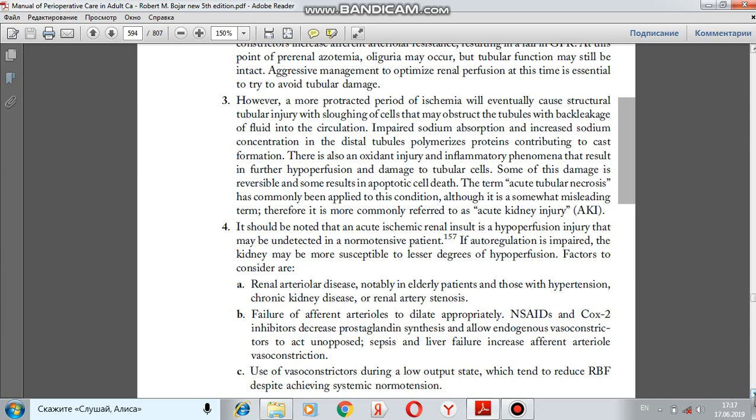There is also an oxidant injury and inflammatory phenomena that result in further hypoperfusion and damage to tubular cells. Some of this damage is reversible, and some results in apoptotic cell death. The term acute tubular necrosis has commonly been applied to this condition, but it is a somewhat misleading term. Therefore, it is more commonly referred to as acute kidney injury.